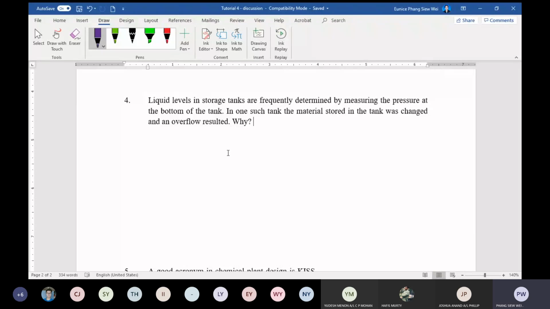Liquid level in a storage tank is normally determined by measuring the pressure at the bottom of the tank. So basically you have this tank here, then you have this sensor here. We want to know the height of the liquid in the tank, so the sensor here measures the pressure.